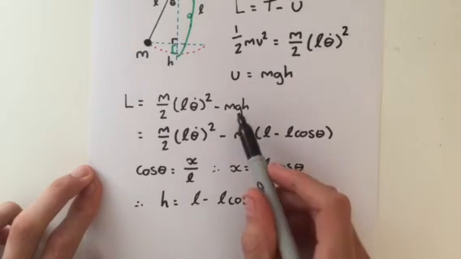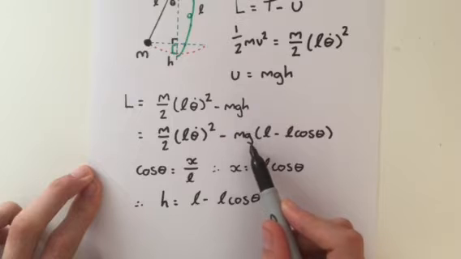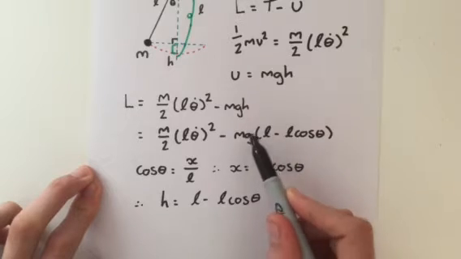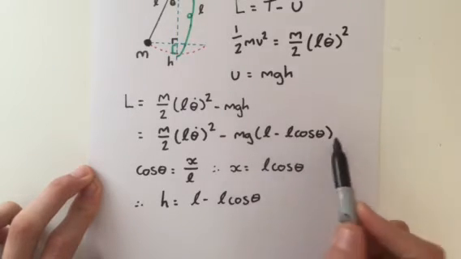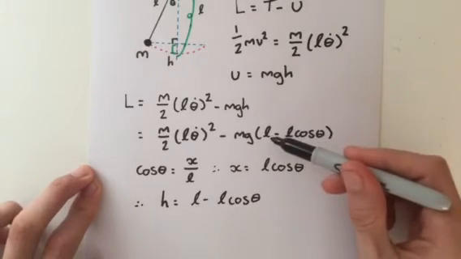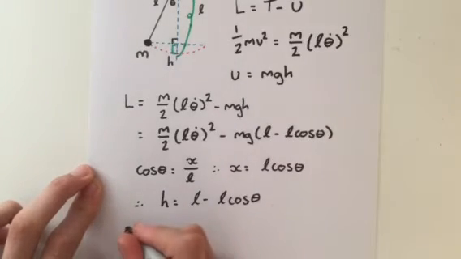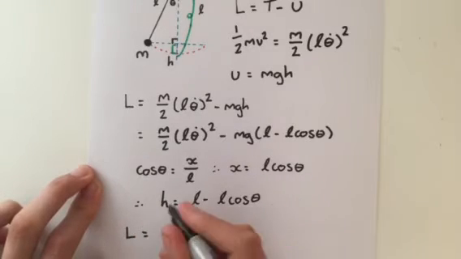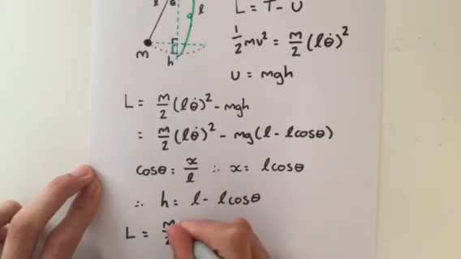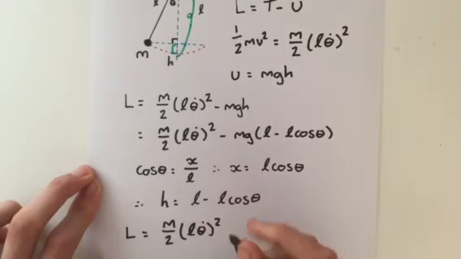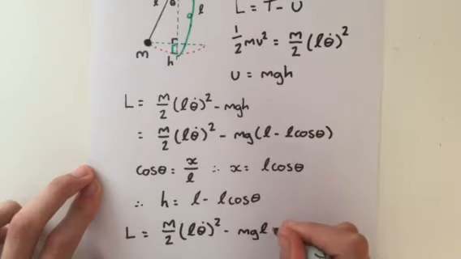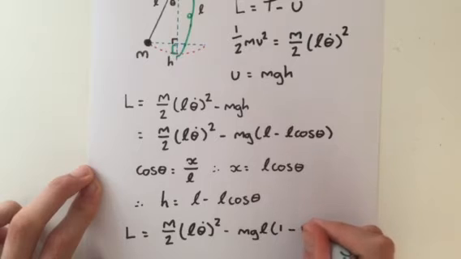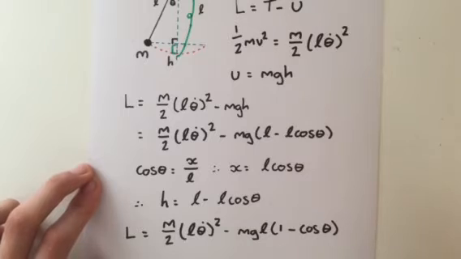And therefore mgh is going to become mg times L minus L cosine theta. We can factor out an L, so our Lagrangian is equal to m over 2 L squared theta dot squared minus mgL times 1 minus cosine of theta, like so.